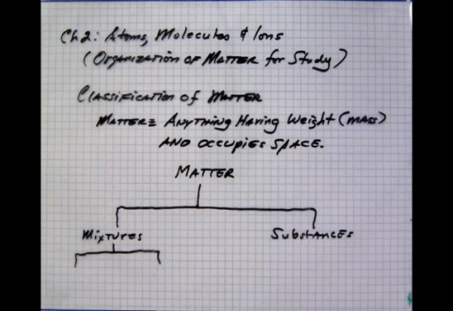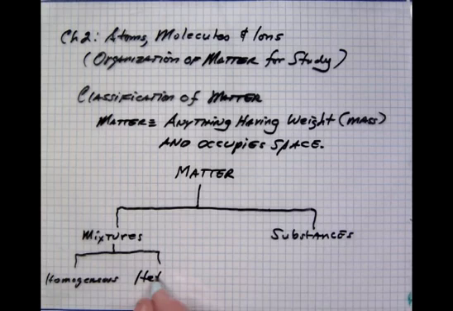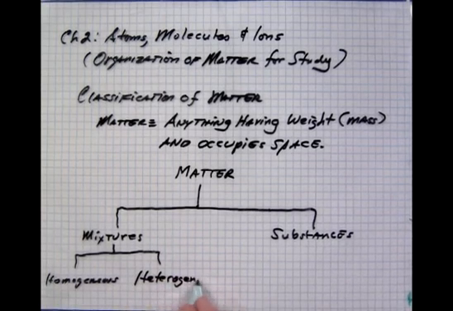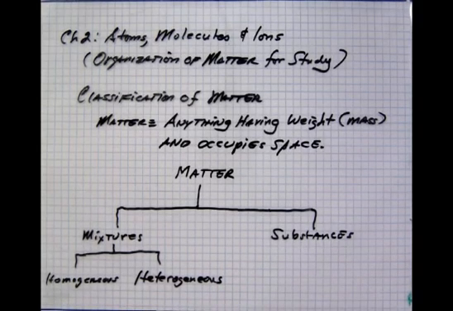There are 2 kinds of mixtures: homogeneous and heterogeneous. Please note that homogeneous means consistent properties throughout. Heterogeneous represents inconsistent properties throughout.